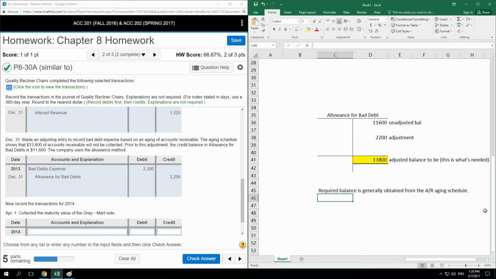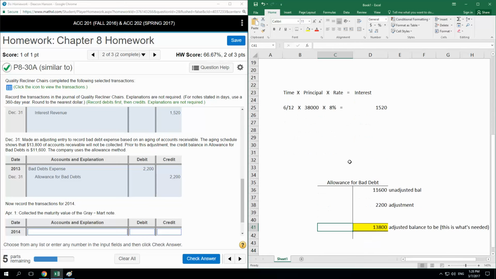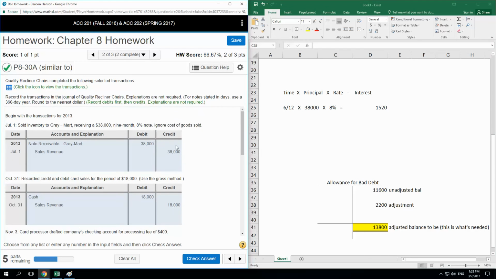Like we did earlier with the percentages, right? Can you show me how you got 15 and 20 in the previous? 15, 20, we took the principal. So we're backing up, right? The principal is 38,000 because that's the amount that we have out there we're waiting to collect.